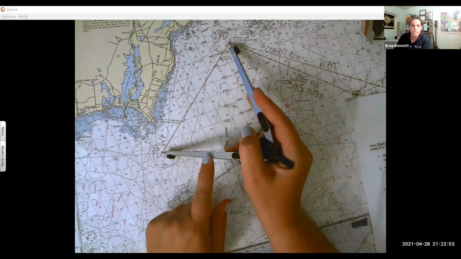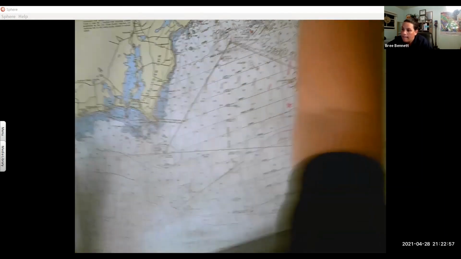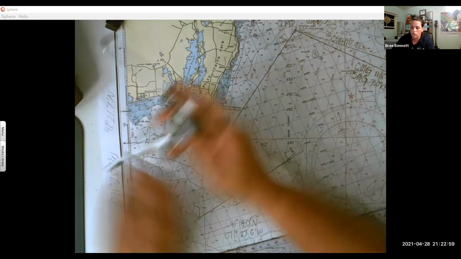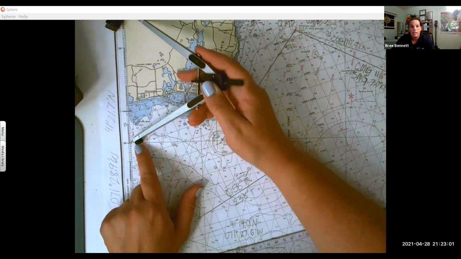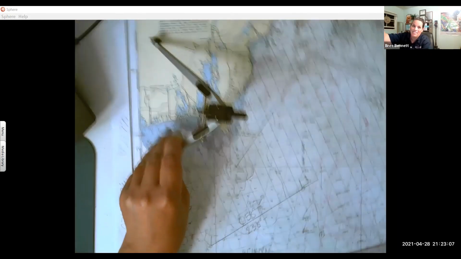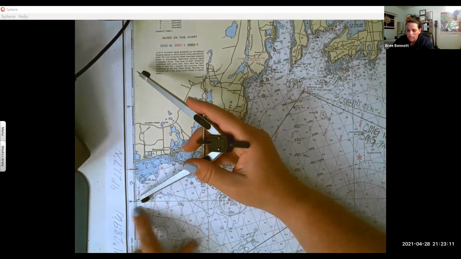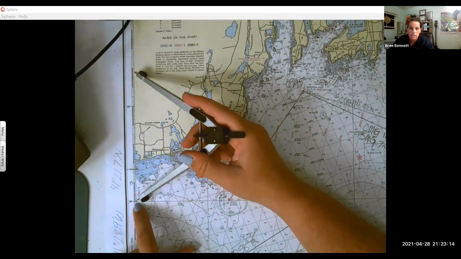So I just have the distance on my tool. And then I'm going to go over to the edge. There we go. And measure my nautical miles, which are in minutes.